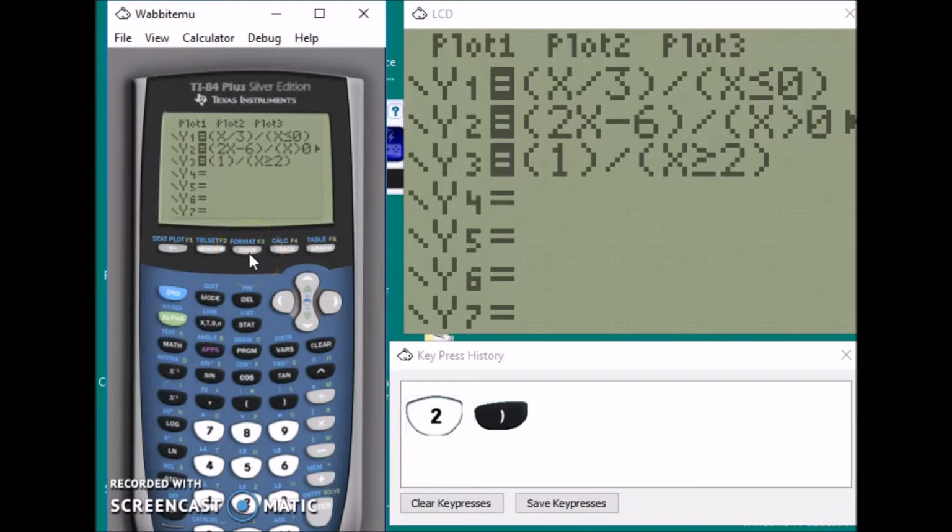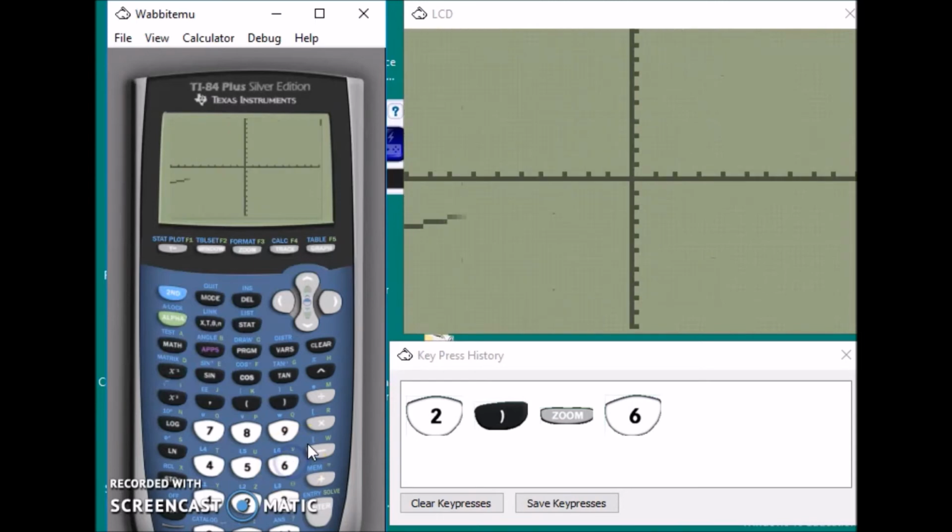I'm going to press zoom 6. Da, da, da. All 3 parts of my piecewise function.